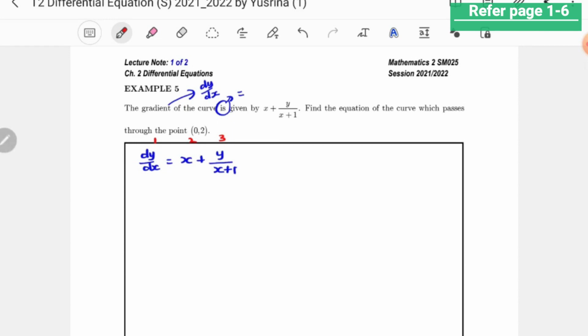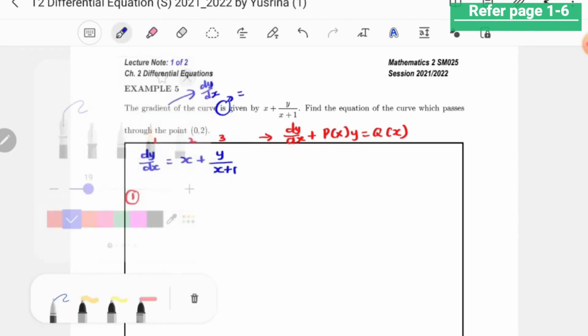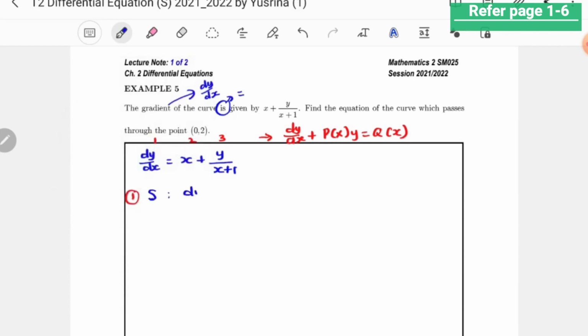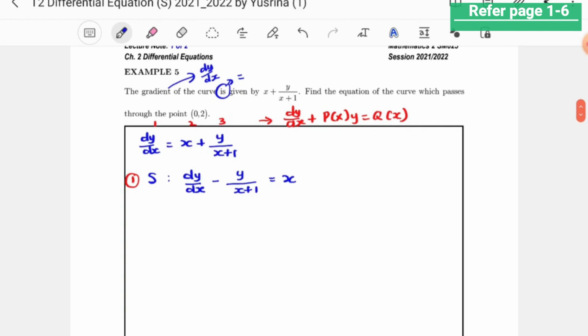Don't forget your standard form is dy/dx plus P(x)y equals Q(x). So dy/dx minus y over (x plus 1) equals x. This is the standard form. Make sure the coefficient of dy/dx is positive 1.